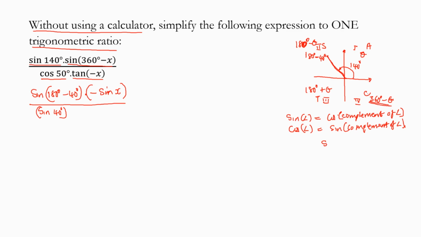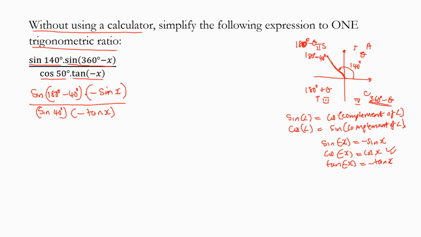Remember that sine negative x is equal to negative sine x. And then cos negative x is equal to cos x. And then tan negative x is equal to negative tan x. Okay, remember that. It is only cos negative x which is positive, which will give you cos x. So here we're going to have negative tan x.